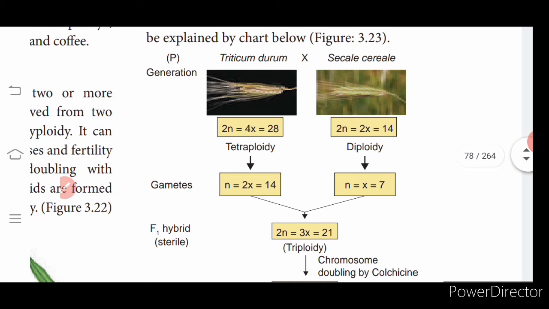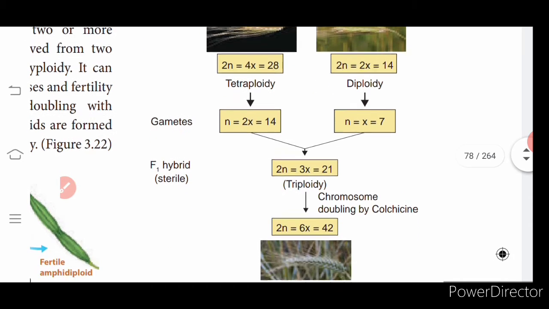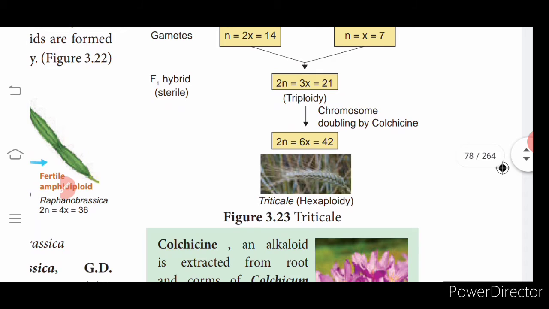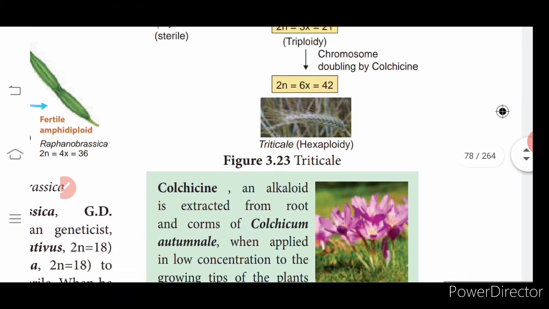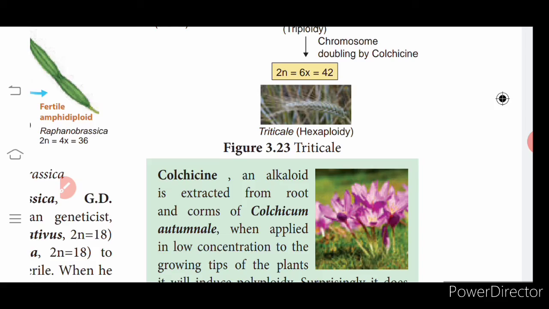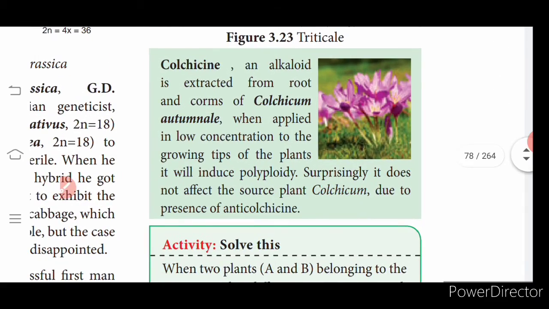Okay, so there is a cross between tetraploid Triticum and the diploid rye. They produce gametes. Once these fuse to form 3x, that is the triploid condition, doubling of the triploid condition forms hexaploidy, which yields a greater number of seeds.